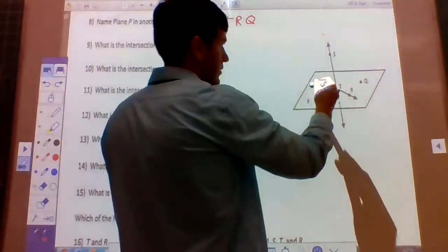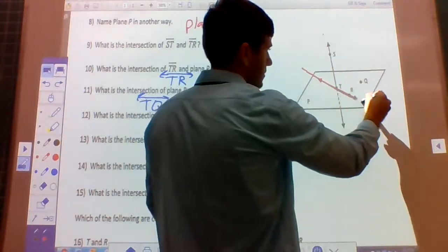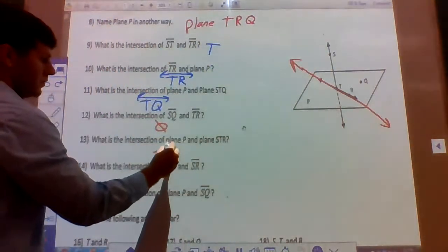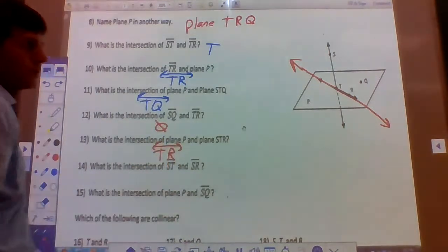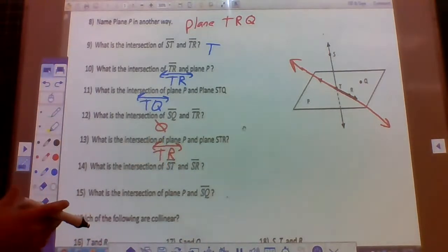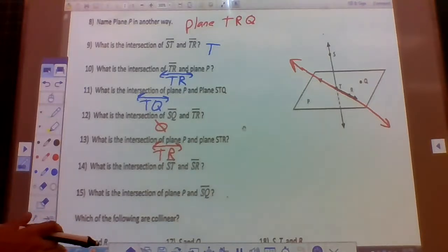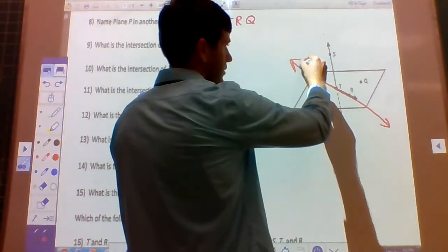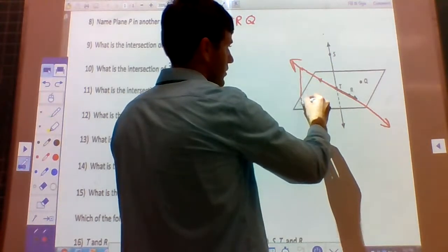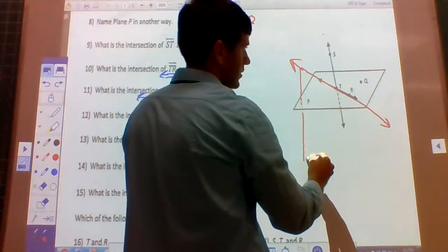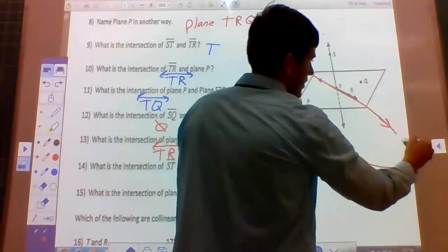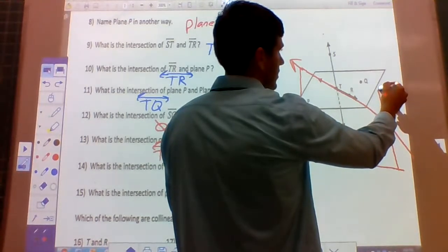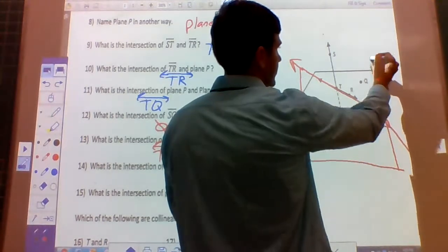So let's see here. The intersection is going to be line TR. We know this line, so let's just put it in TR, because those are the two points that are in the plane P. It's going up and down, so let's put this below, then we can put this above.